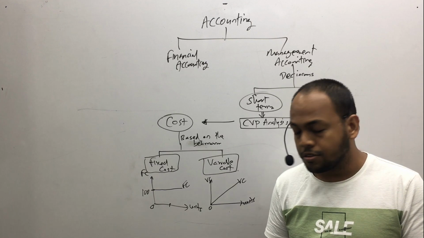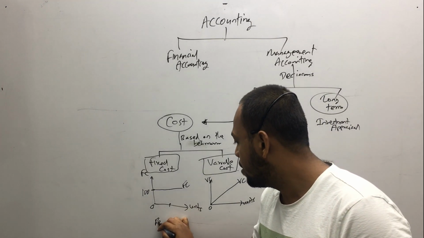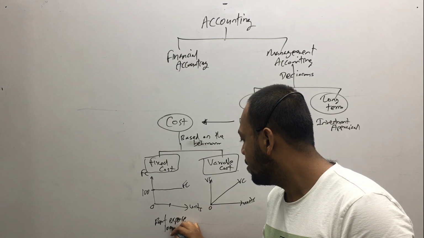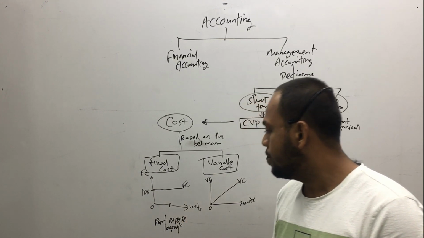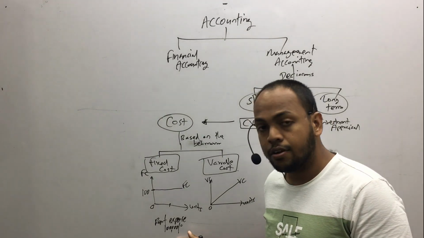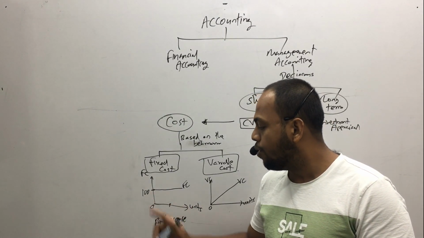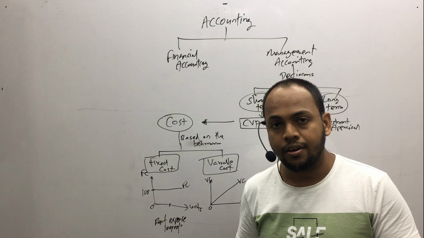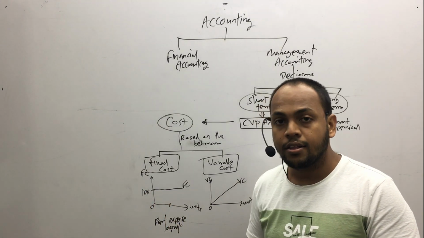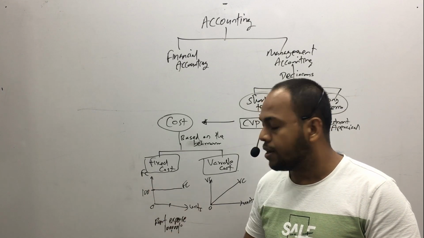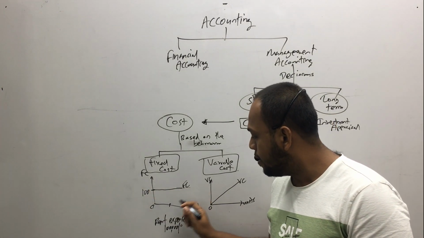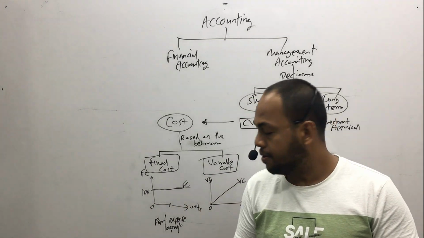Example for the fixed cost, let's say rent expense is 100,000. Even though you are not producing any units, you have to pay the rent 100,000. Even if you are producing 1,000 units, your rent will be 100,000. So the curve is parallel to the unit axis.